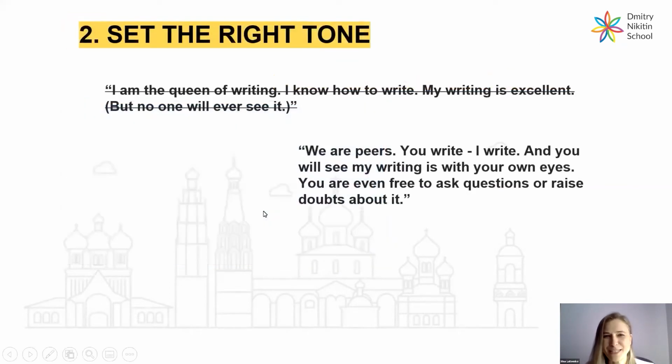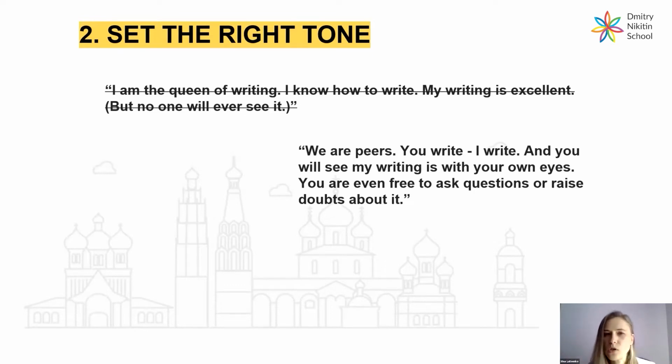Now, the second reason is to set the right tone. Because very often, in writing classes, the tone or the undercurrent is that the teacher is the queen of writing or the king of writing. They know how to write. Their writing is certainly excellent, but no one will ever see it. Now, this is not the tone I want.